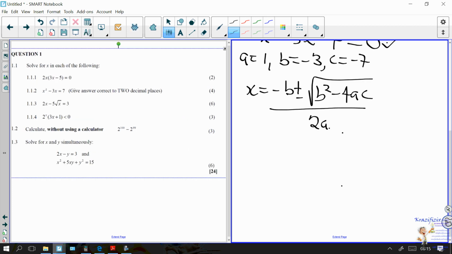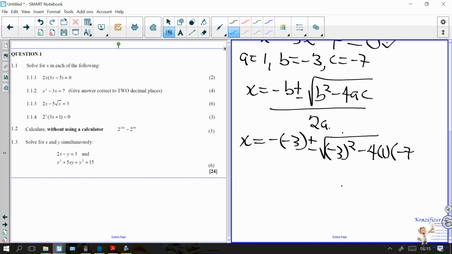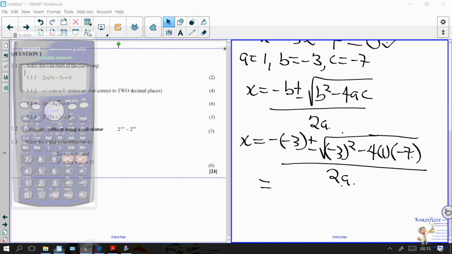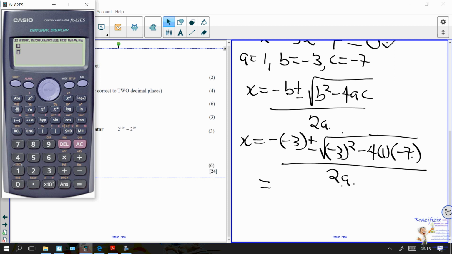It is important that every learner gets all the marks in question 1 because this is a 3-year program that we've been doing. So x = (-(-3) ± √((-3)² - 4(1)(-7))) / 2(1). If we run to our calculator quickly to get an answer, we're going to move very fast in this session.